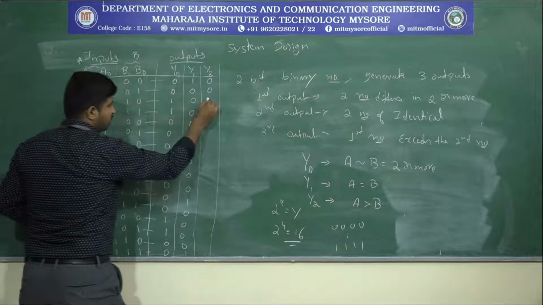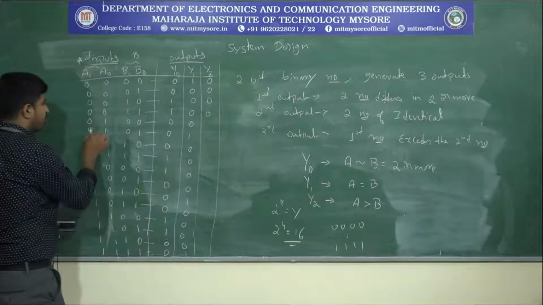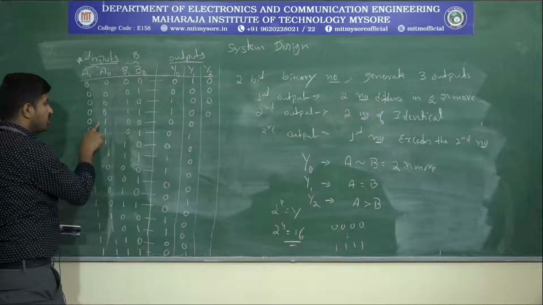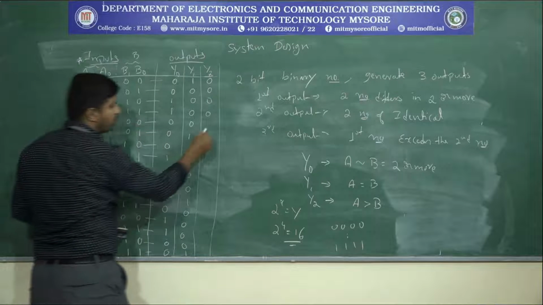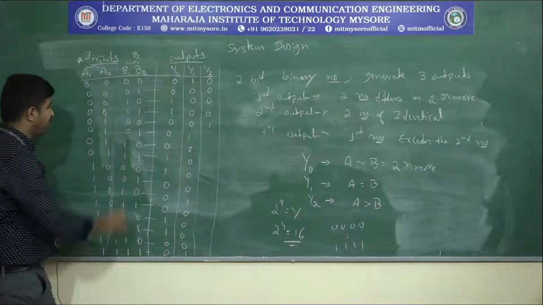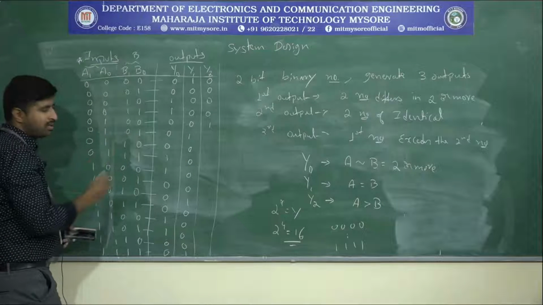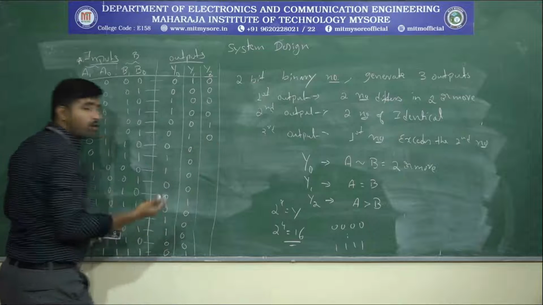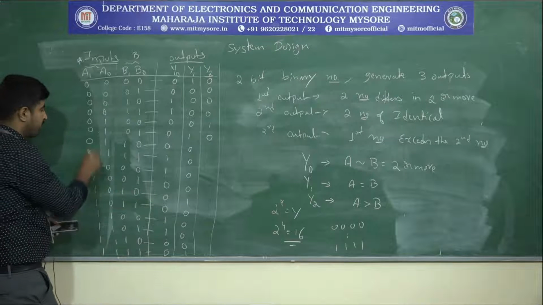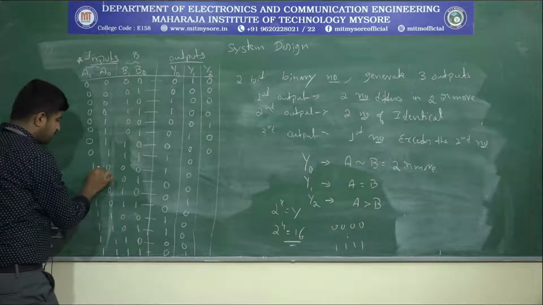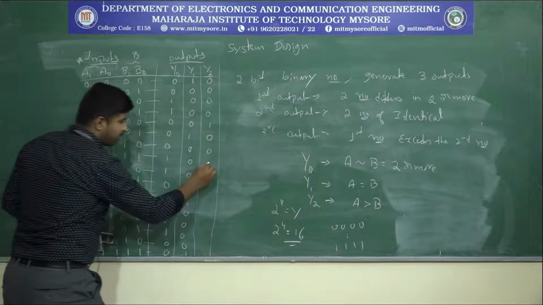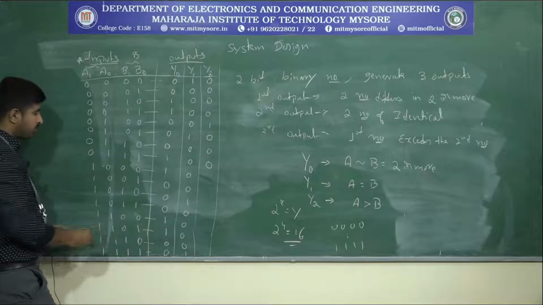Again 0, 0. Next 1, 0: A is 1, B is 0, so A is greater than B and the output will be generated. Then A is 1, B is 1, equal values, so no output. A is 1, B is 2, not generated. A is 1, B is 3, again not generated.